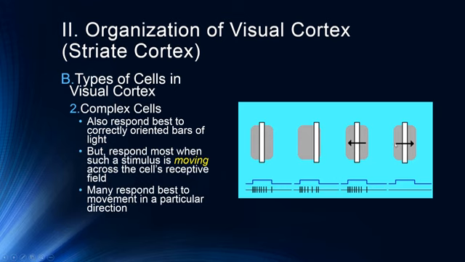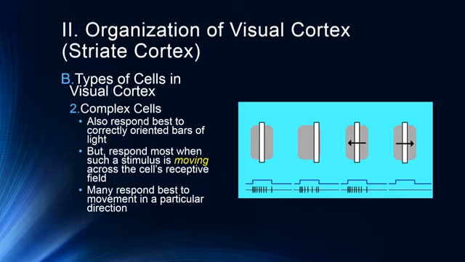When the stimulus is moving to the right, we get no responding at all. This particular kind of complex cell is designed to help our visual system respond to movement. As stimuli are moving across our visual field, we have cells that respond in particular to stimuli moving in a particular direction.